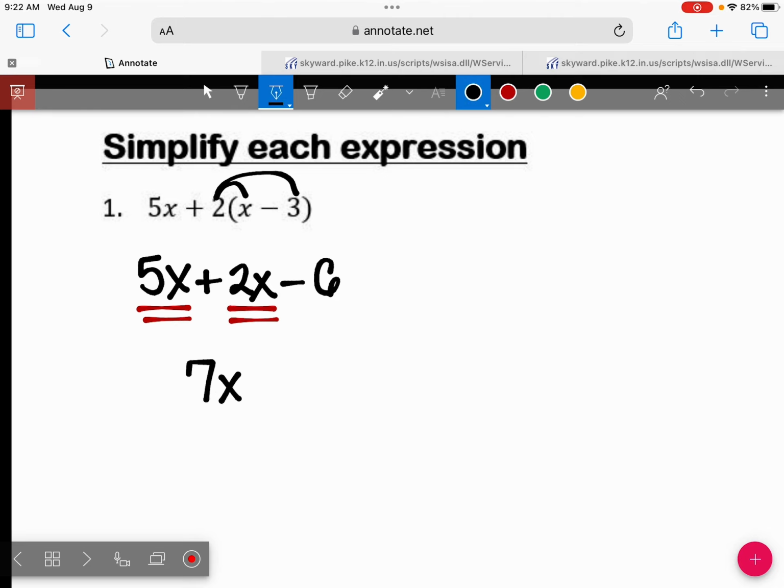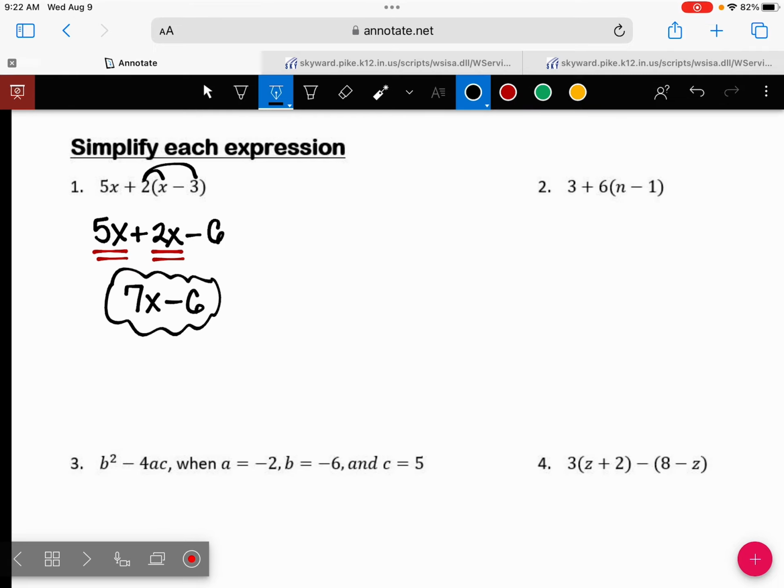So 7x minus 6 is my answer. Because this expression had a mixture of variables and numbers, my answer also has a mixture of variables and numbers. This is an expression. We're not solving, we're just simplifying.